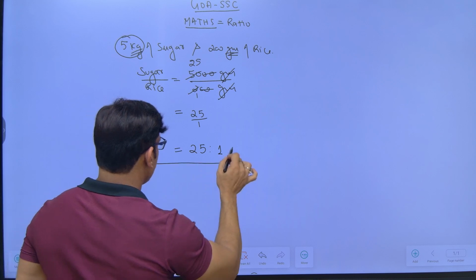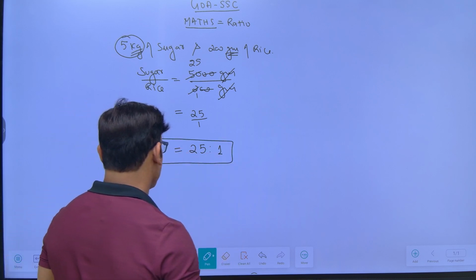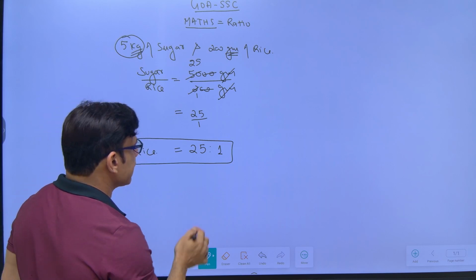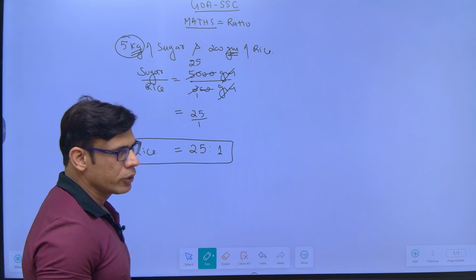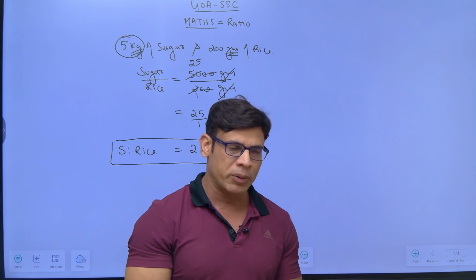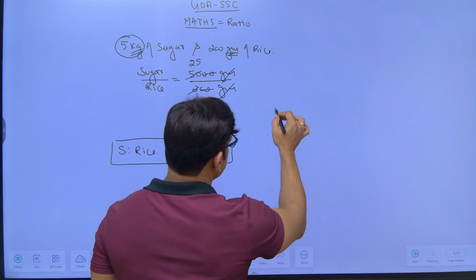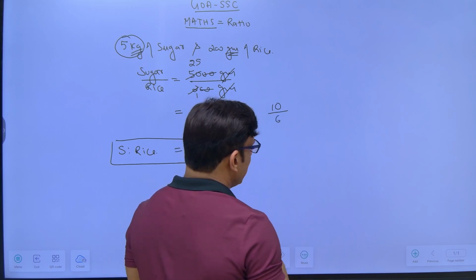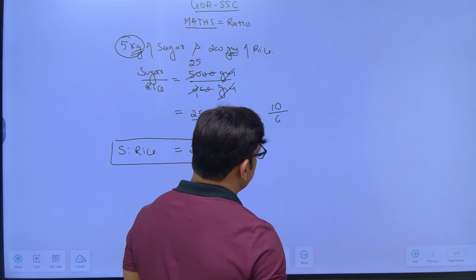Now, when I say the ratio of sugar is to rice is 25:1, it also means that the ratio is nothing but the most reduced form of any fraction. If you take any fraction and bring it to the most reducible form, then it is called ratio. For example, if I have two numbers which are in the ratio 10:6, right? I cannot say that these numbers are in the ratio 10:6. Why?